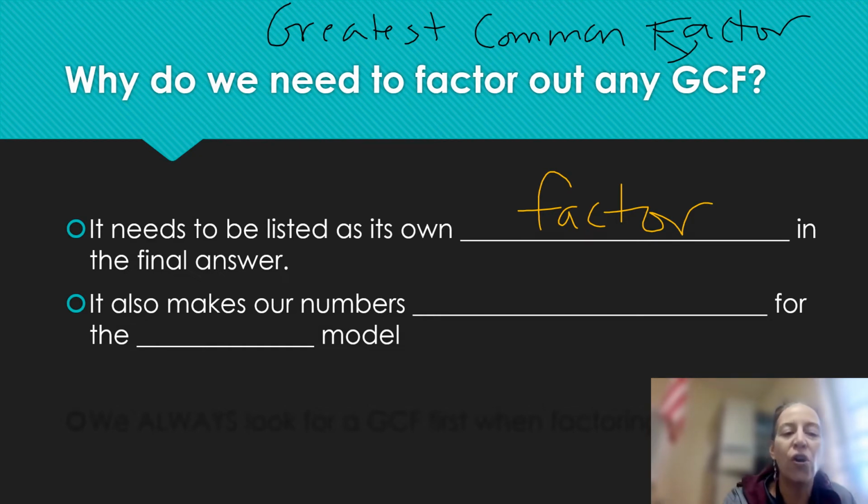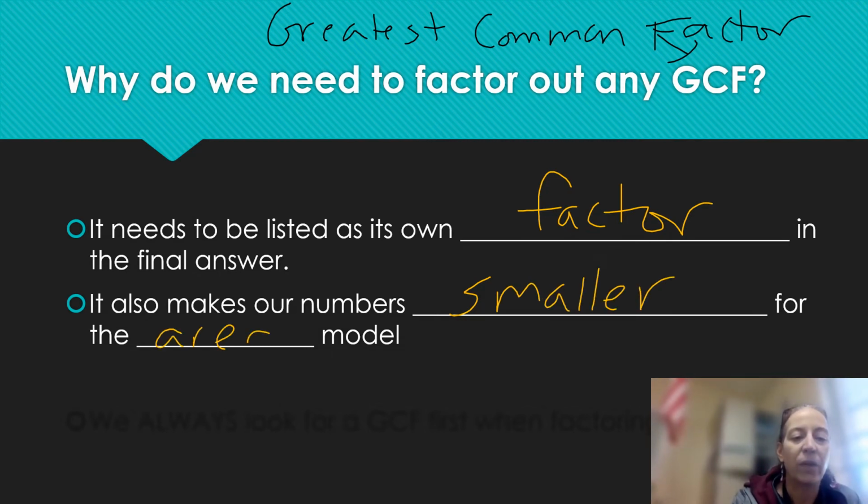It also makes our numbers smaller for the area model. All right, so when you can take that greatest common factor out and you bring it out to the outside where it is its own thing, then whatever's left over is going to be smaller, and that's going to make your area model easier to deal with. So that's why we need to factor out the GCF.